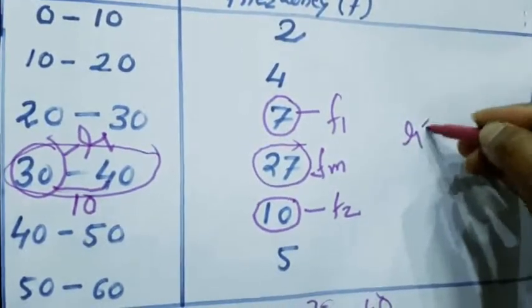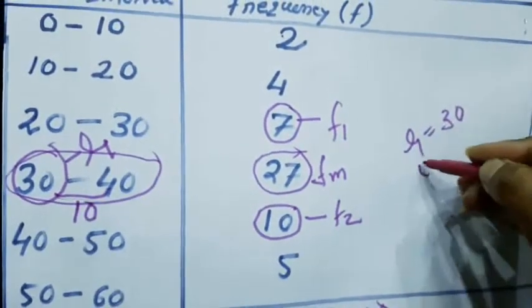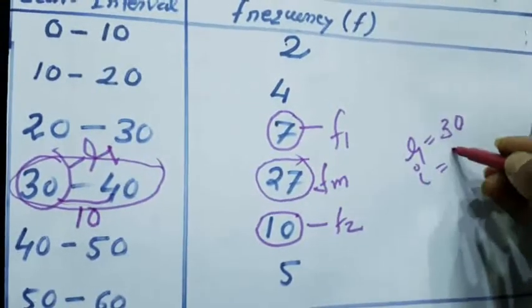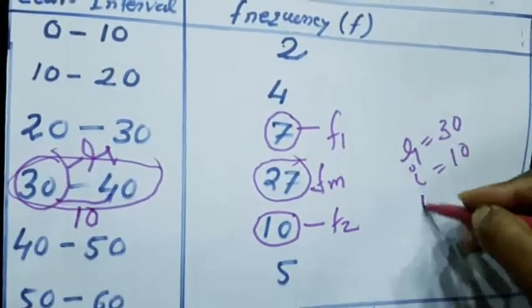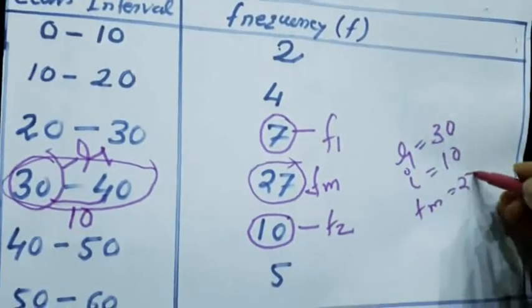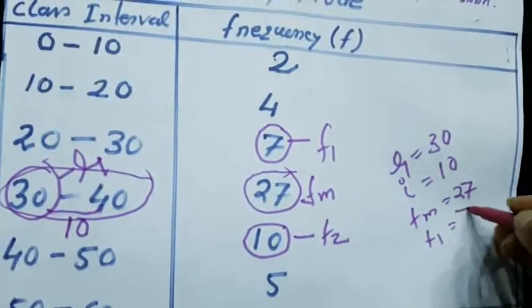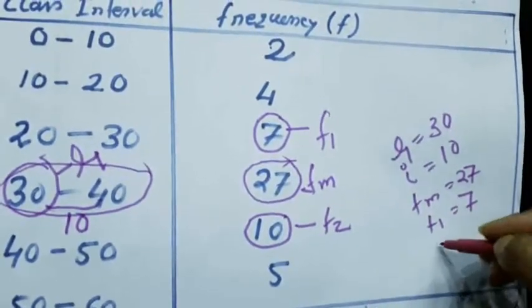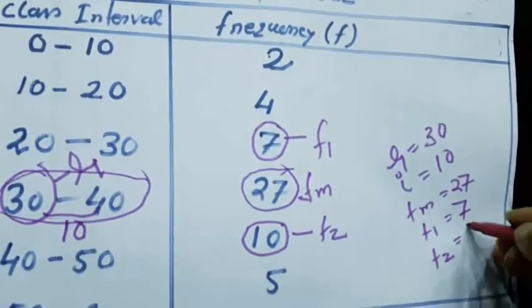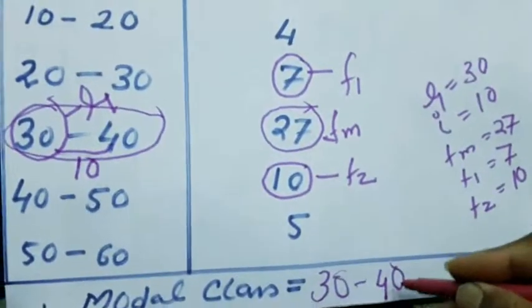L1 equals 30, I equals 10, FM equals 27, and F1 equals 7, and F2 equals 10. And this is the modal class, 30 to 40.